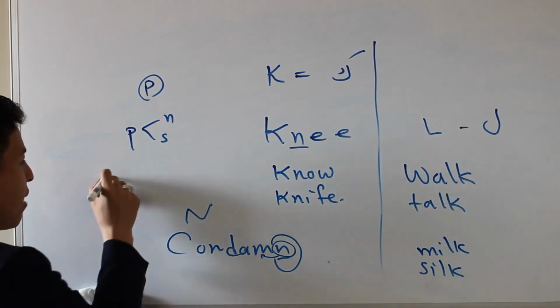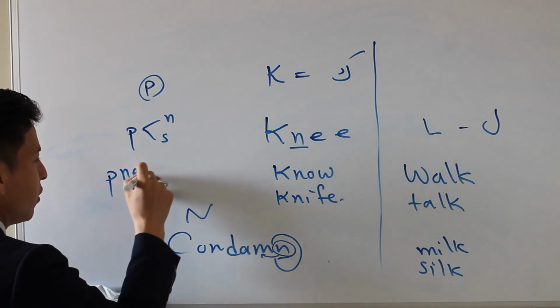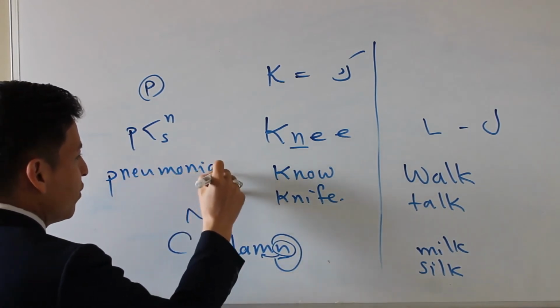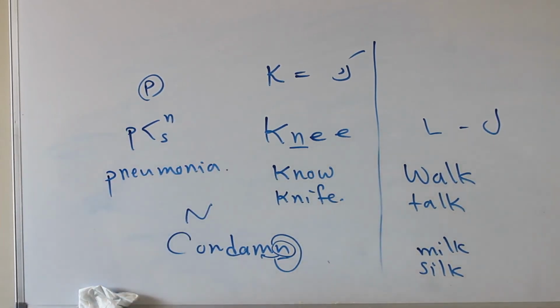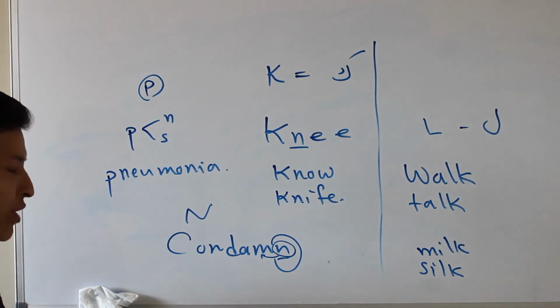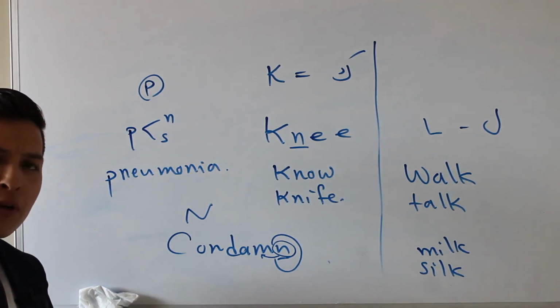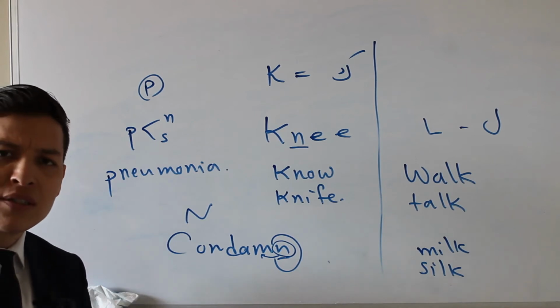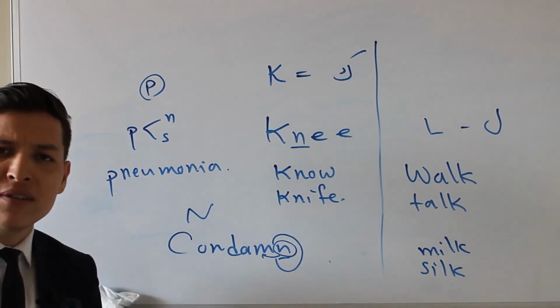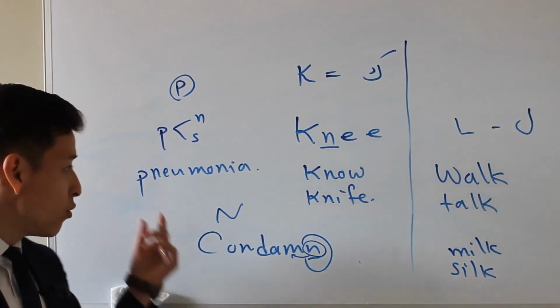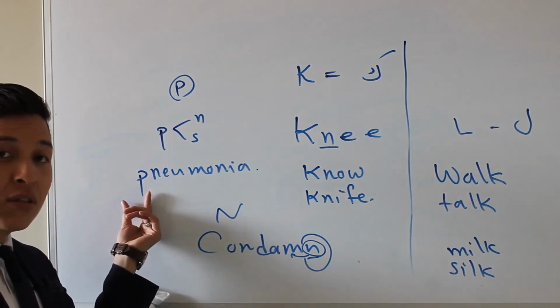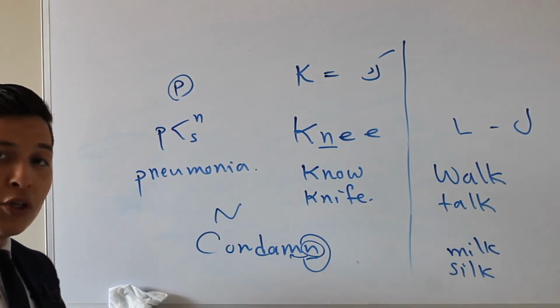Like the word pneumonia. This is not pronounced with the P. In most Persian books, some medical books, this is said with the P, but it's not true. So letter P is not pronounced. This is pneumonia.